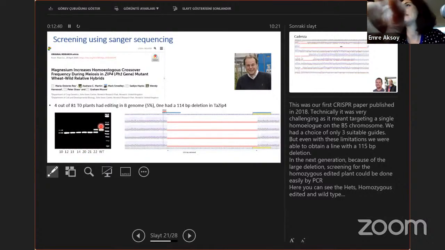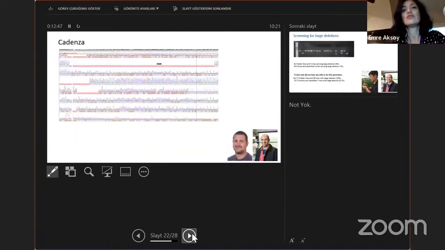When we sent them for Sanger sequencing, because it is just in one subgenome, you can see the large deletion by sequencing. Also, with Cristobal and Cristobal's team, in this target we just targeted one genome, so we PCR'd and sent them directly for Sanger sequencing again.